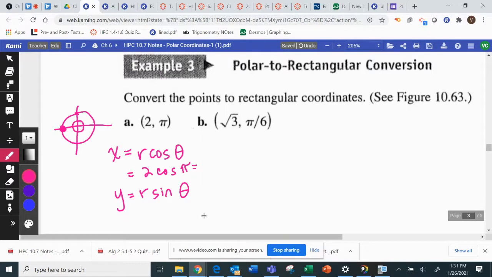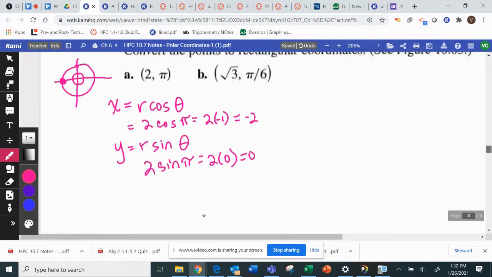So cosine of pi is negative 1, and so I get negative 2 for my x value. And then 2 sine pi is 2 times 0, which is 0. So the ordered pair is negative 2, 0 in rectangular form.